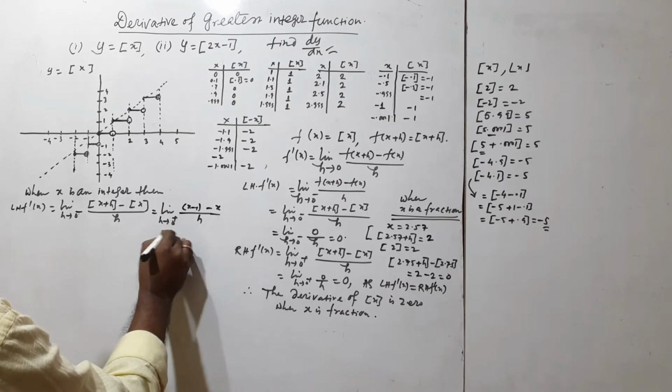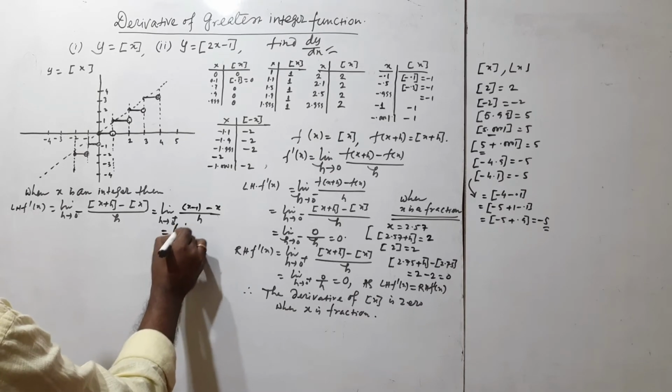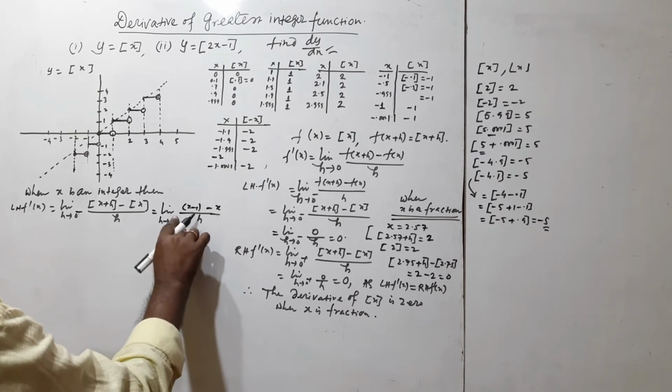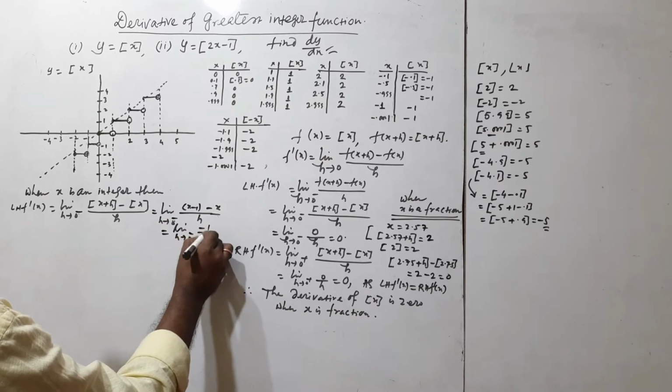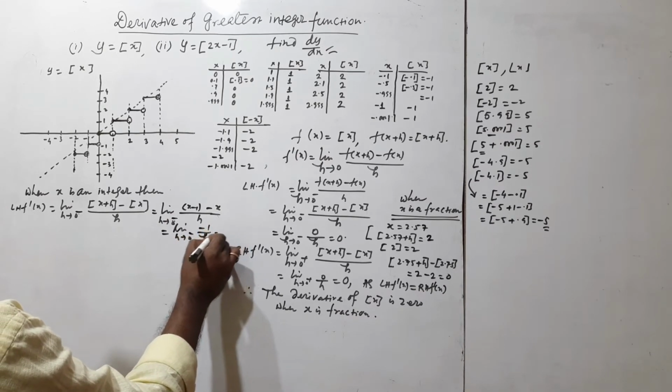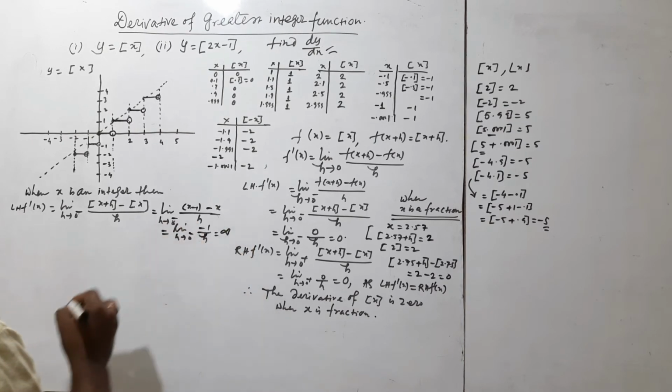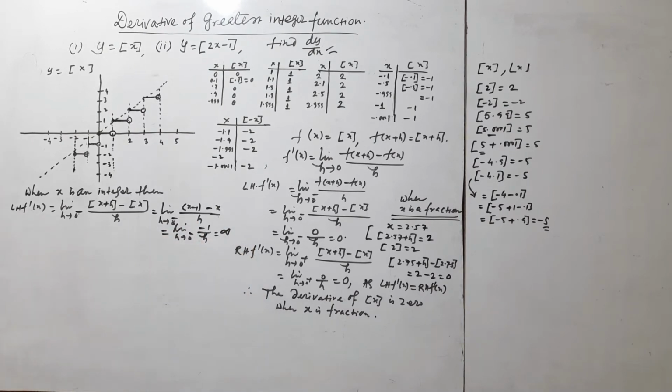So that is equal to the limit h tends to 0 minus of minus 1 over h, which is equal to infinity. Okay, minus 1 over h is equal to infinity.